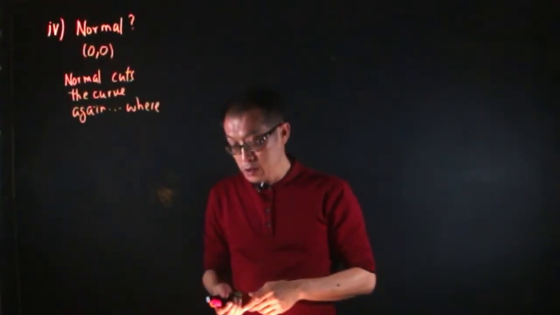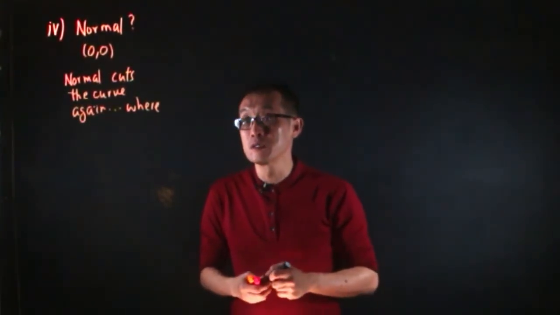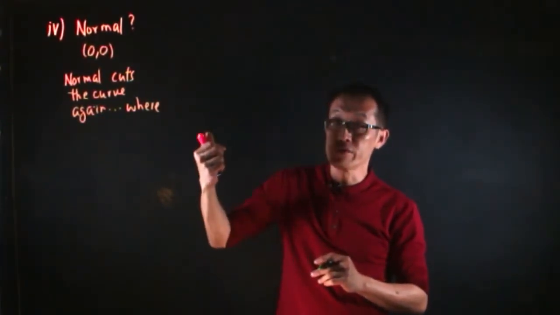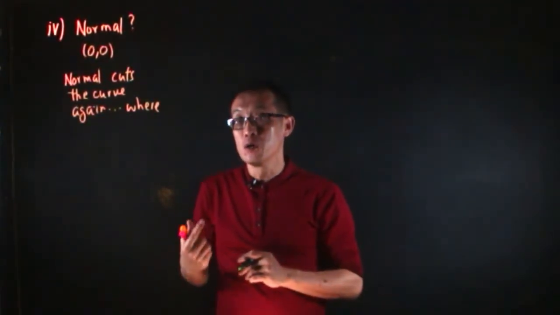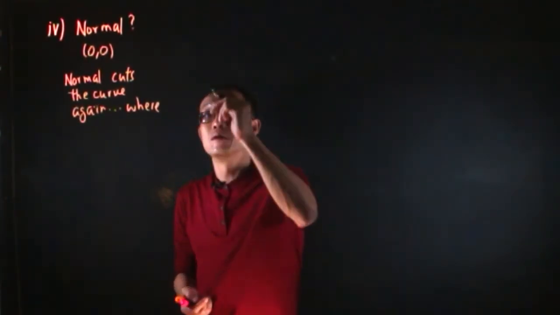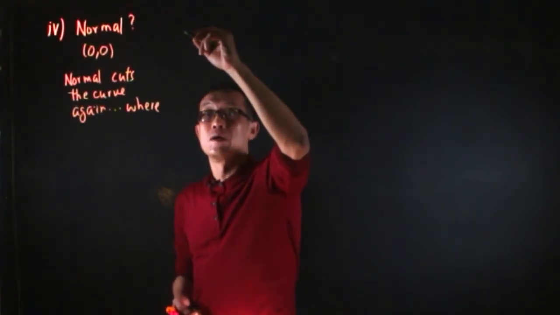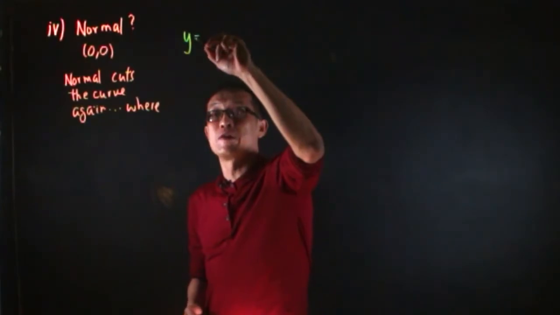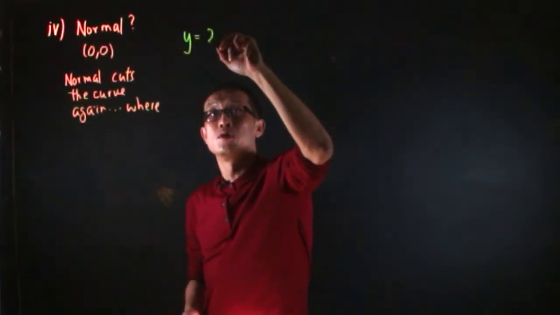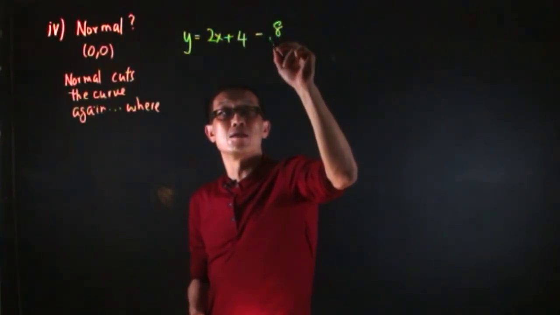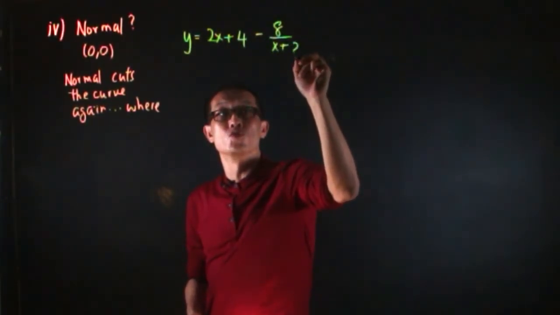Okay, to find the equation of the normal, all we need to do is find the gradient first, because we are given a point. If we know the point and the gradient, we definitely can find the equation of the normal. So now we have found that y is equals to 2x plus 4 minus 8 over x plus 2.